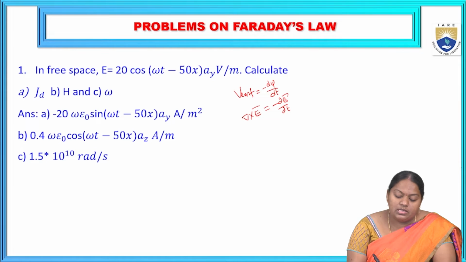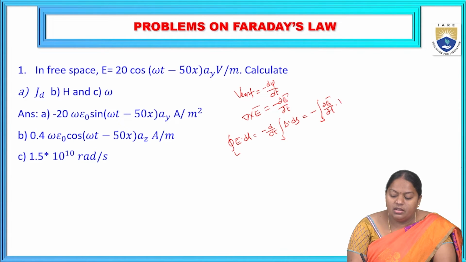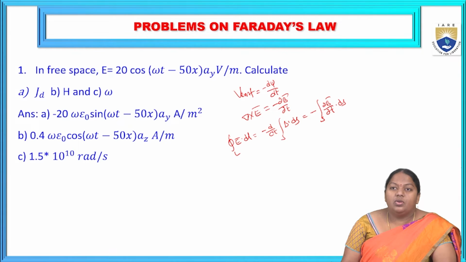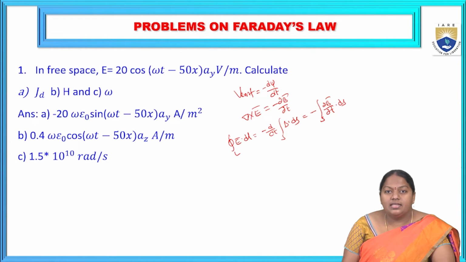In terms of integrals, the closed line integral of E dot dl is equal to minus d by dt of the surface integral of B dot ds, which is equal to minus the surface integral of dou B bar by dou T dot ds. We can use any of these three formulas, depending upon which is suitable for the given data.